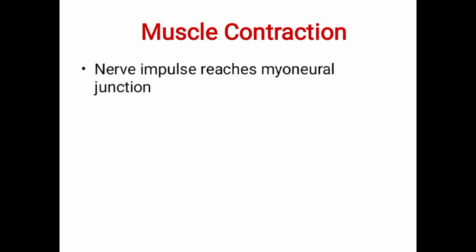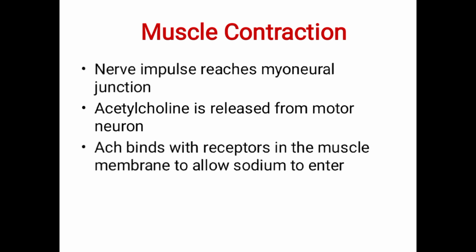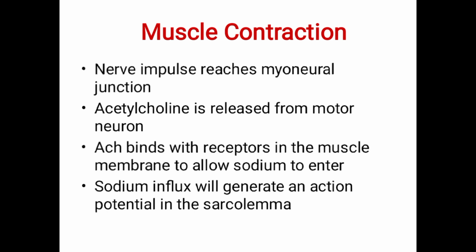Whenever the nerve impulse reaches the myoneural or neuromuscular junction, acetylcholine is released from the motor neuron. This acetylcholine binds with a receptor in the muscle membrane, so sodium enters the muscle. The sodium influx generates an action potential in the sarcolemma.